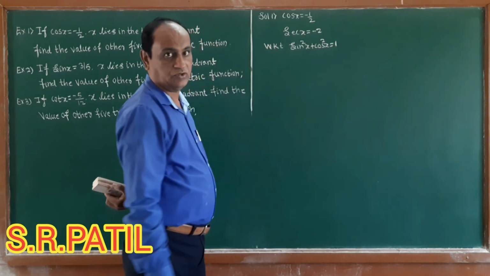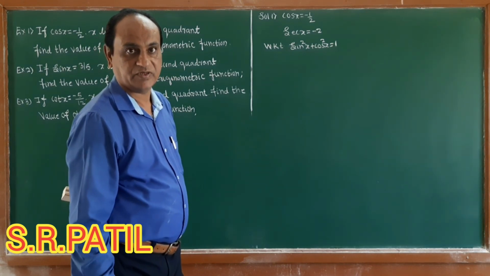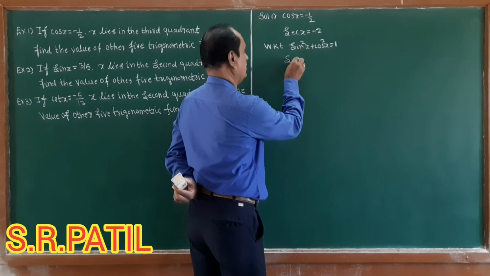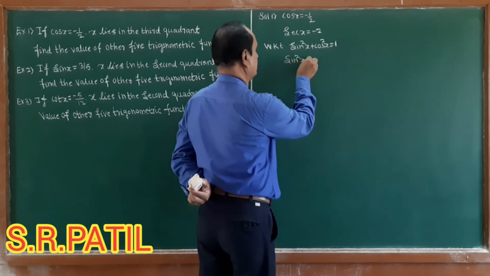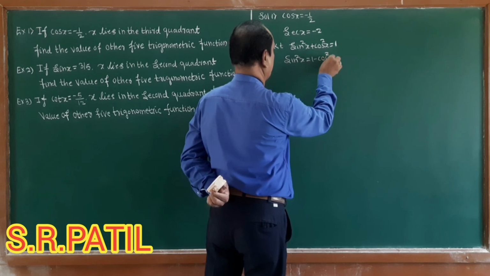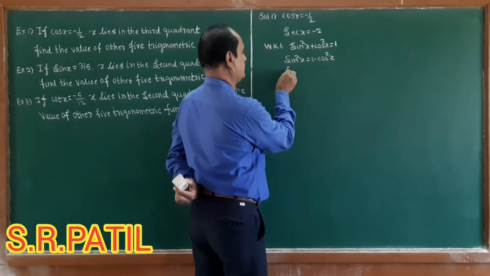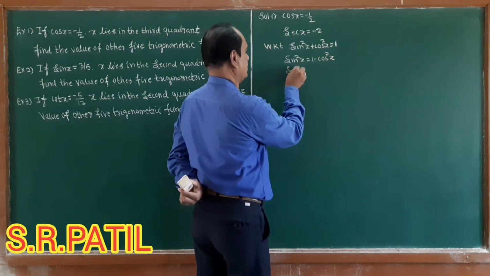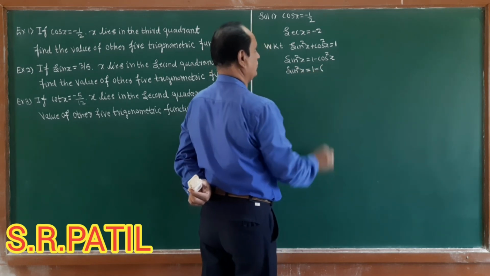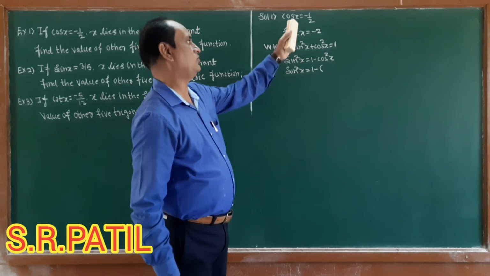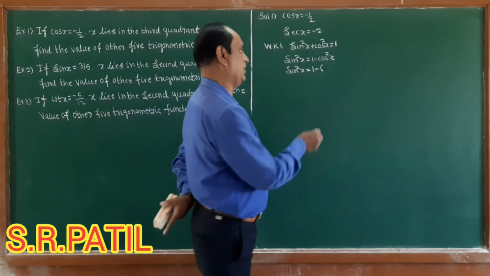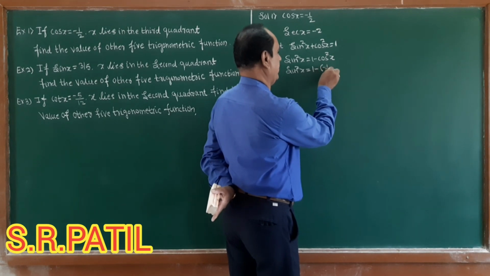Cos x is equal to minus 1 by 2, so we find the value of sin. Therefore sin square x is equal to 1 minus cos square x. Substituting the value of cos x, which is given as minus 1 by 2, we get minus 1 divided by 2.